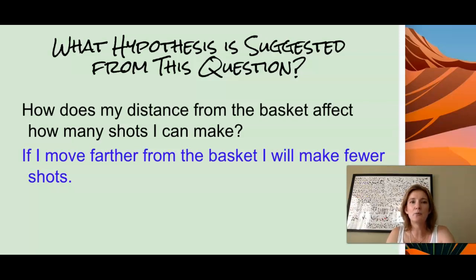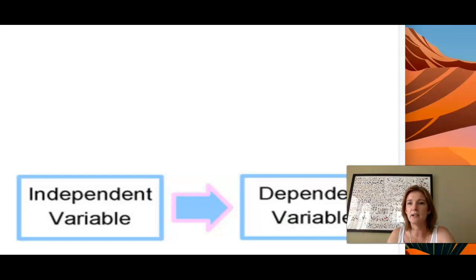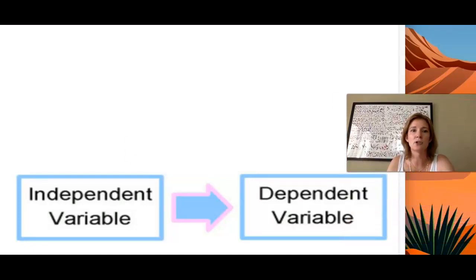And basically what we're doing is we're defining the variables in an experiment. If we were to actually complete an experiment based on our hypothesis, we need to have variables. So that's what we need to define here, these terms independent and dependent variables. I've got a bunch of different words here.